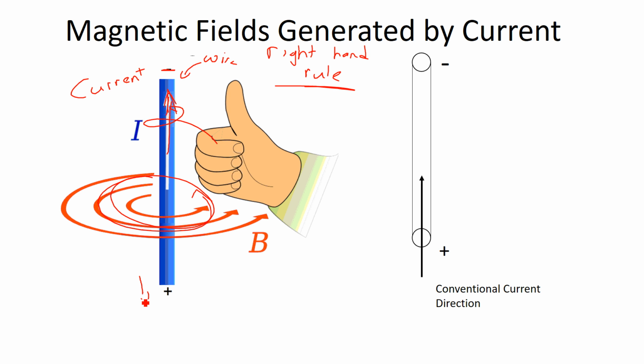Here you've got the flow. Here's your current. Right, something like that. This is the P-value.